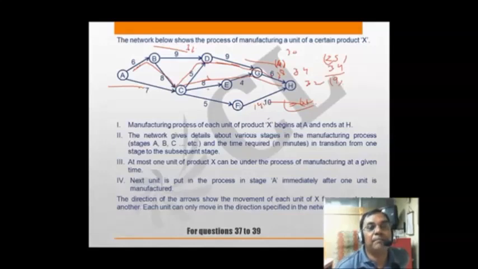Okay, if I do the 6 6 12, 12, 9 21, 14, so it becomes 36. It becomes 36.